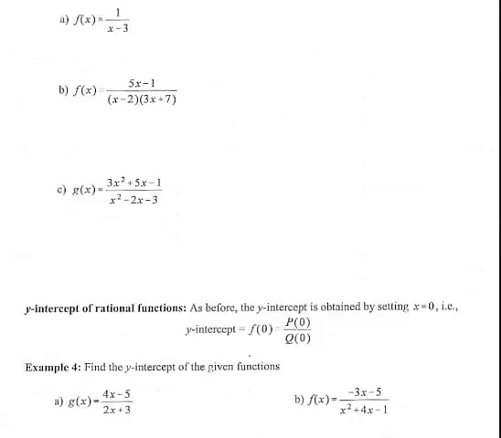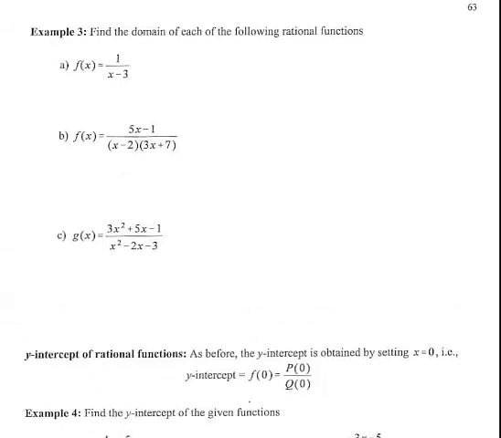So I can explain this till I'm blue in the face, but there's no better way to learn than to see an example. So here we have little f. Well, what is the domain of little f? Well, it is a rational function, so automatically you want to focus on the denominator and say, what causes the denominator, x minus 3, to be 0?